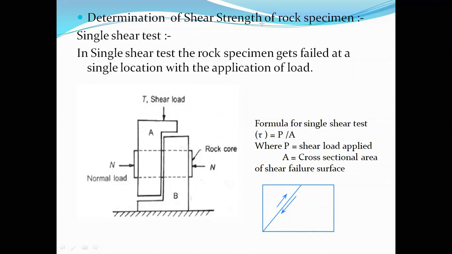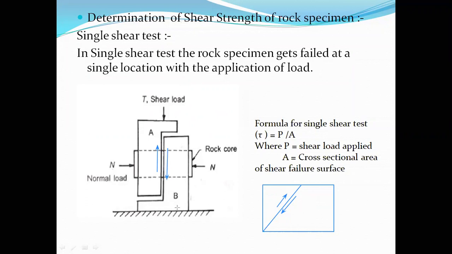The single shear test. In the single shear test, the rock specimen fails at a single location. Look here. If I apply the force, it fails at this location. Like this, it gets sheared off.